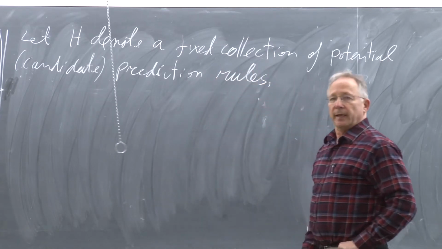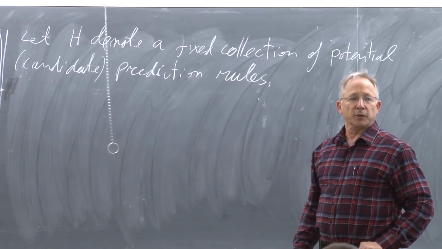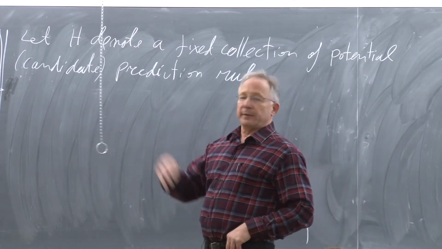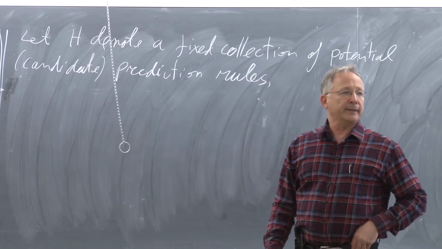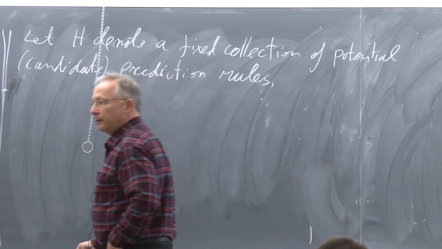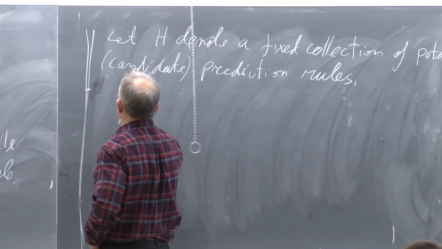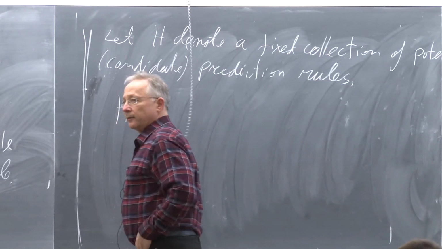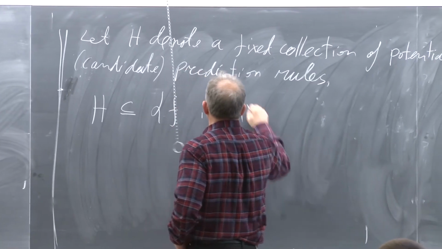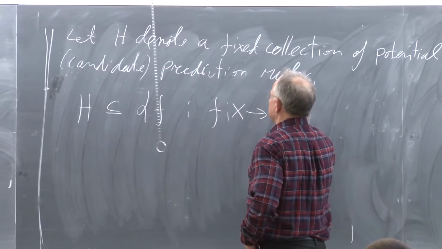In other words, every element of H is a prediction rule. It's a collection of prediction rules. In the papaya example, it could be the collection of all possible axis-aligned rectangles. So formally, H is a subset of the set of all functions that go from x to y.